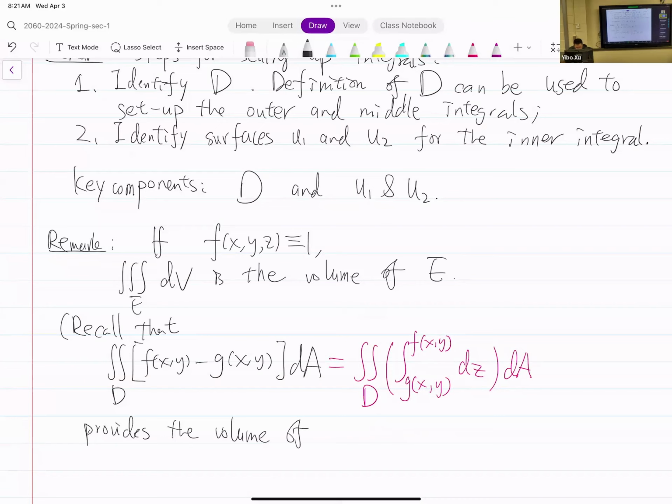So volume of solid between the surfaces z equals f of x, y and z equals g of x, y over region D.